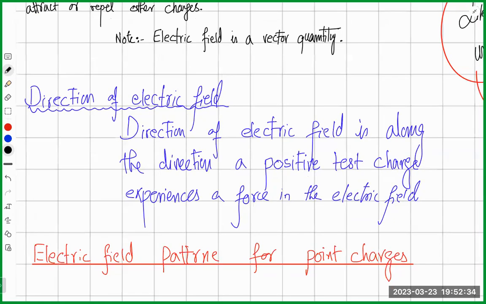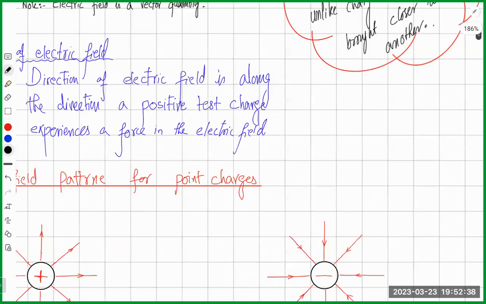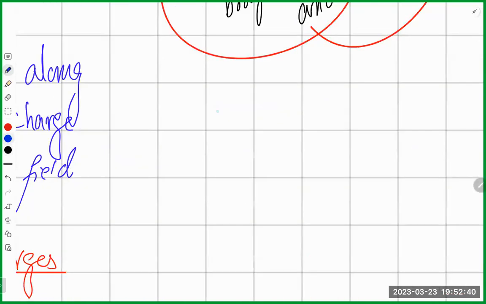So here's a graphical explanation. If this is a positive charge, this is the direction of force, then this will be the direction of electric field.